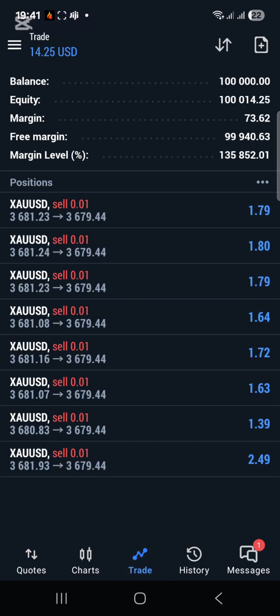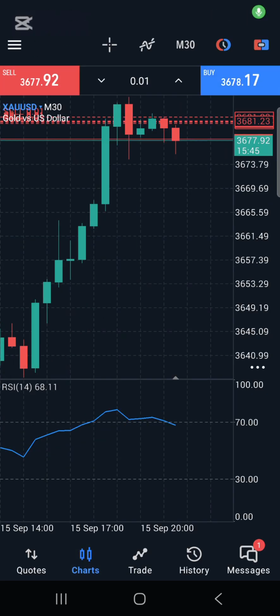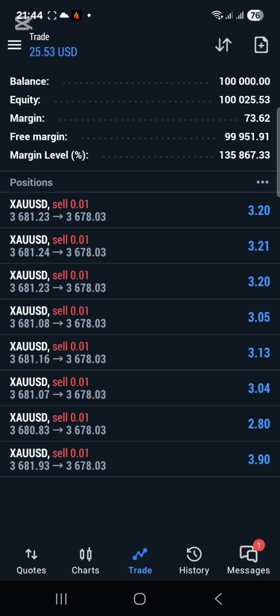We are at 14.33 USD, and the more time we give it, the more profit we make. So we are going to give it some more time, and we keep checking on it until it makes us a few dollars. We are already at 68 point something, and we are already in profit. You can see we are at $24 already.